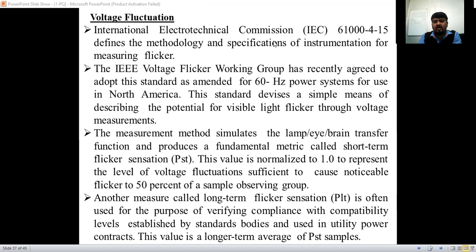With voltage, it is the same thing, only a small change in the voltage variation, decreasing or increasing. What is the difference between under voltage and voltage sag? If the voltage is less than 0.9 per unit, we call it a sag, and a voltage less than the standard is also called under voltage.